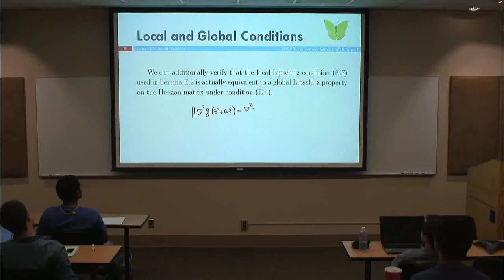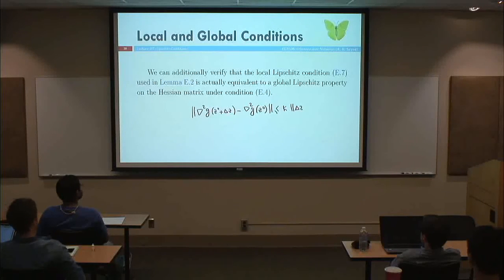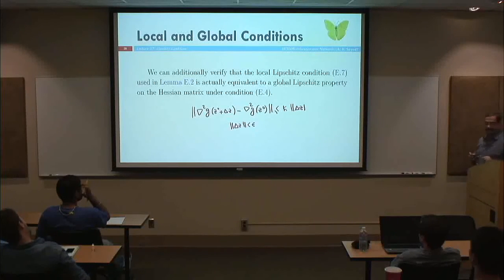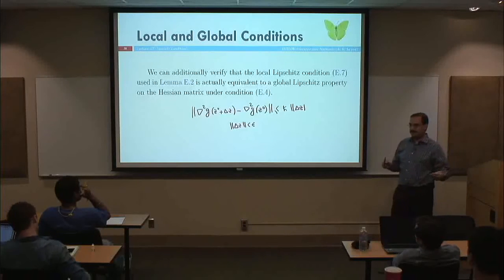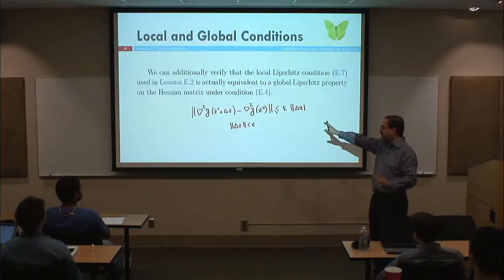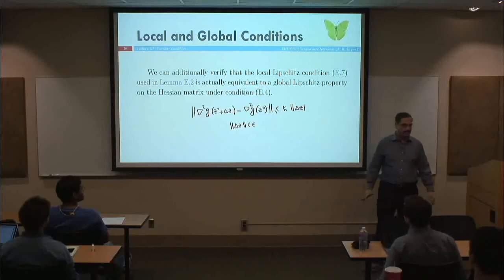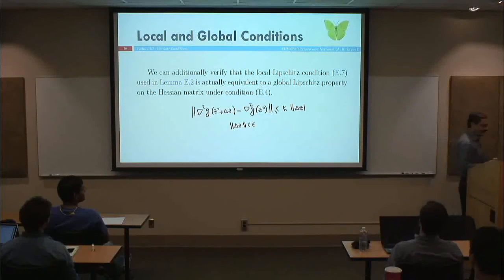By that I meant that it satisfies a relation like this, close to the minimum for all delta, right? That's what we meant by locally Lipschitz. Close to the minimum, the Hessian changes according to this relation, right? Only in proportion to the size of the step.